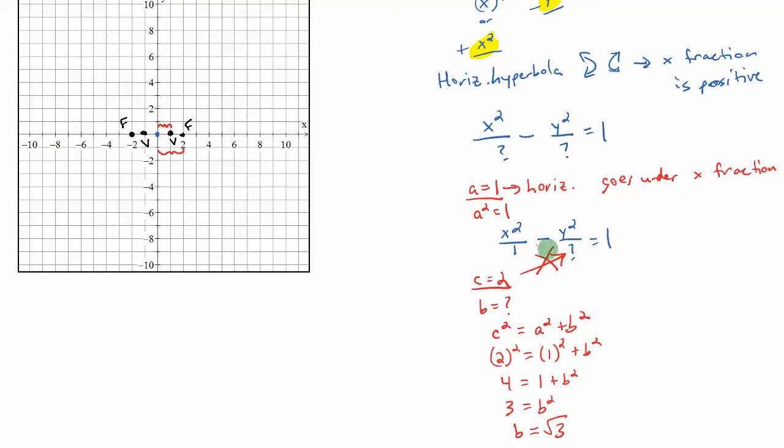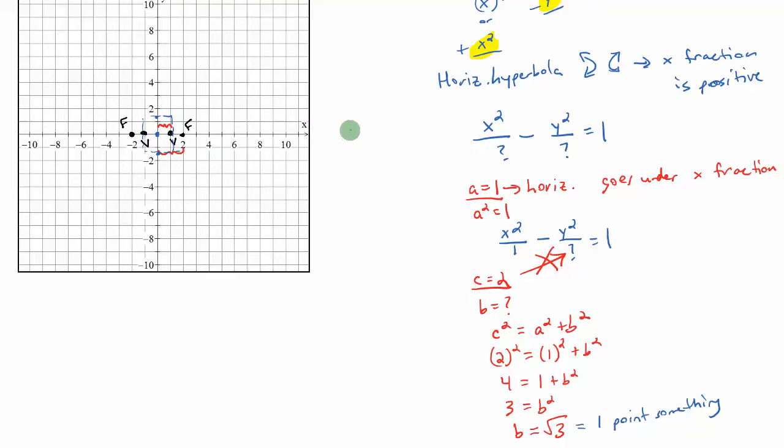So now that's going to be my vertical distance here. This, of course, equals 1 point something as a decimal number. So if I were to plot that, I'd go 1 point something up and 1 point something down. I could draw my center rectangle now right here. I could draw my asymptotes and my curve and be done with the graph.